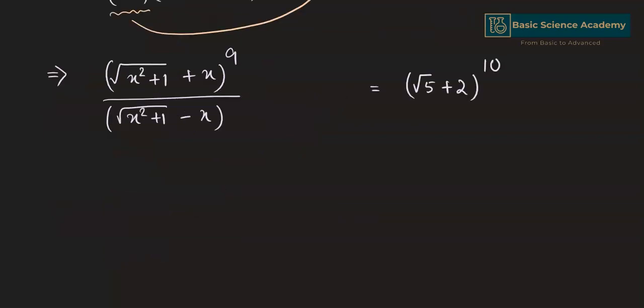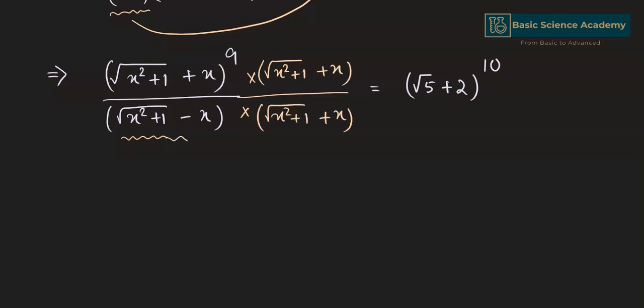Since the numerator and denominator are in the form of a plus b and a minus b, we can remove the square root from the denominator by multiplying the numerator and denominator by square root of x square plus 1 plus x.